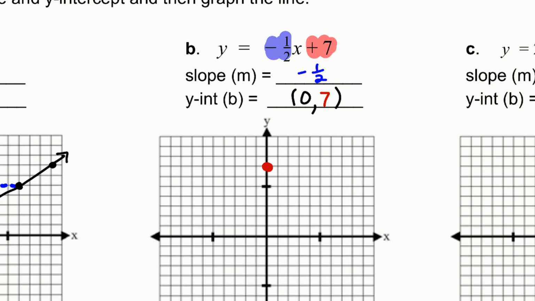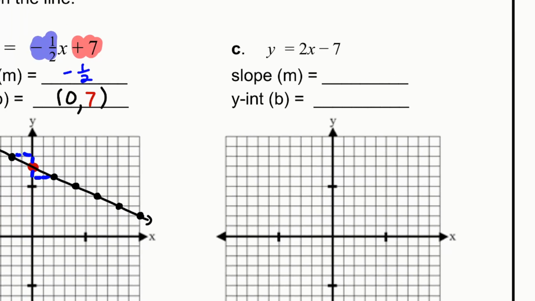And a slope of negative 1/2 says go down 1 and to the right 2. And there's a point, down 1 and to the right 2. Just keep following that pattern. Or up 1 and to the left 2. And follow that pattern that way. And we can then connect that right there.